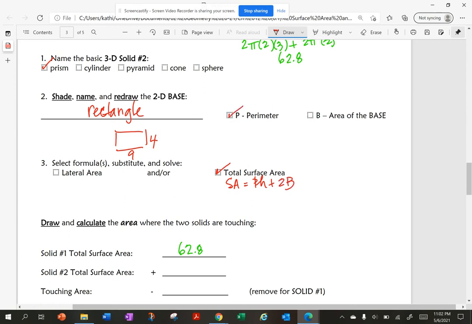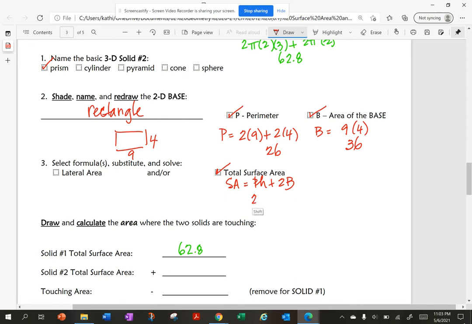I need to calculate the perimeter and the area of the base. So my perimeter is going to be 2 times 9 plus 2 times 4, which is 26. And the area of the base is going to be 9 times 4, which is 36. Okay, I'm going to substitute in.